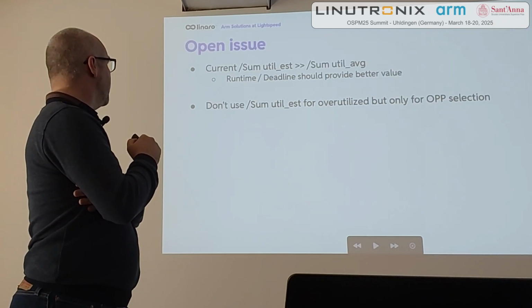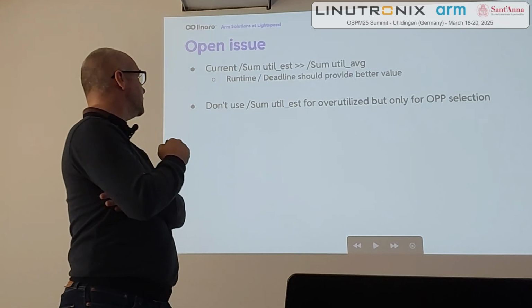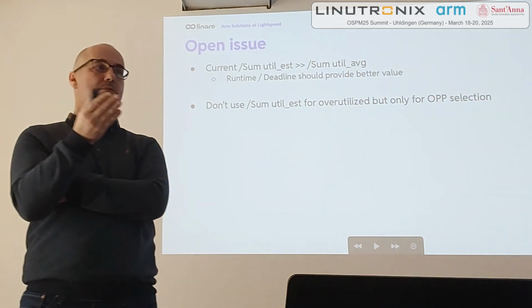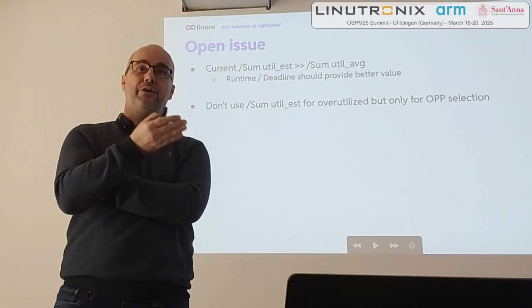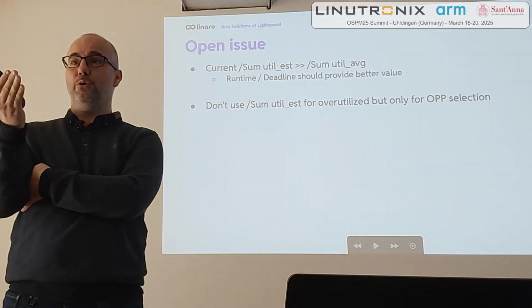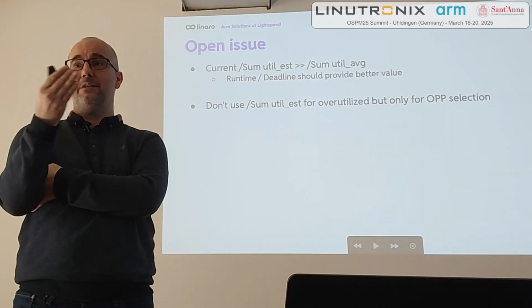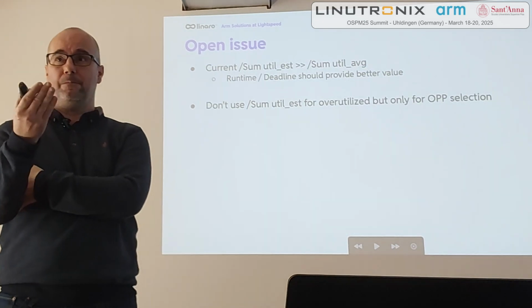The two open issues may be, the first is that right now the sum of UTLS, that's something we have discussed, is always far higher than the util average, because we are summing the max value of each task, and each task can't be at the max value at the same time, because only one is running at one time, so the other one is decaying.